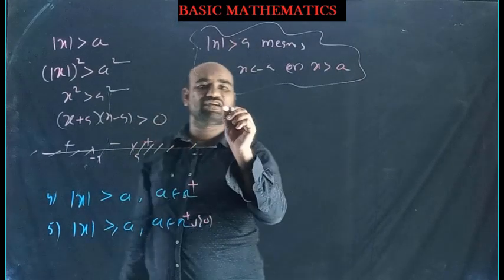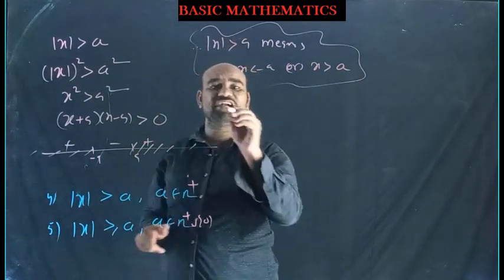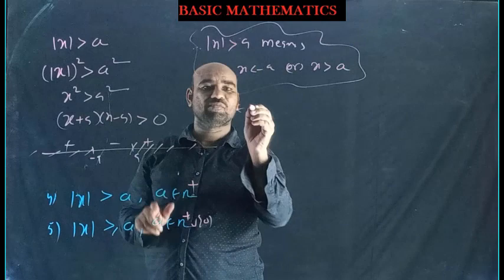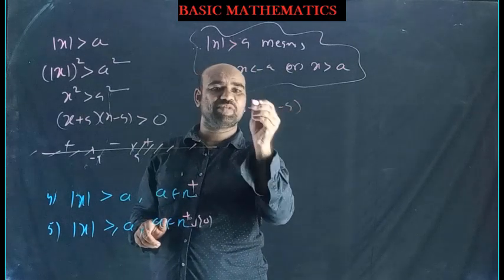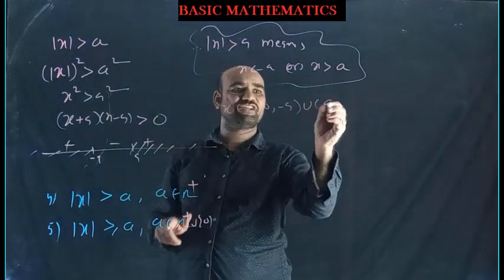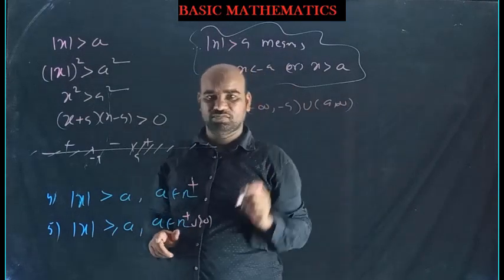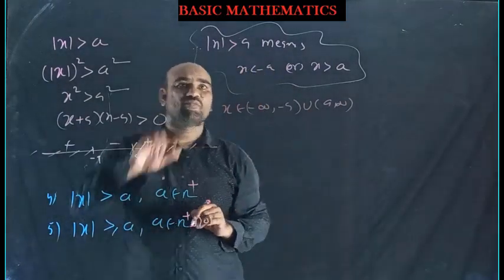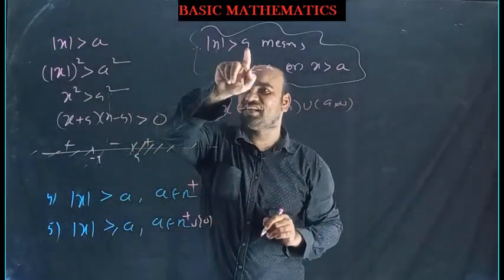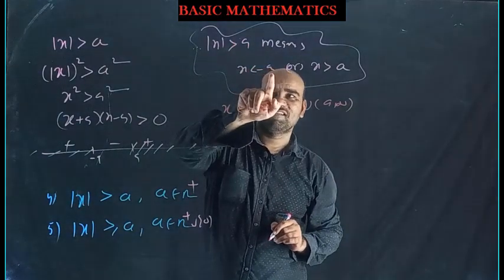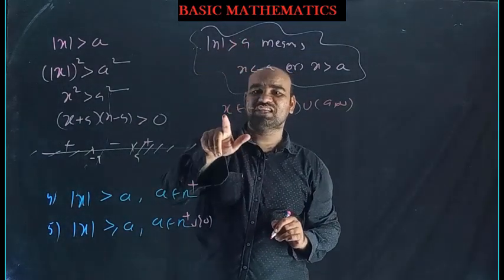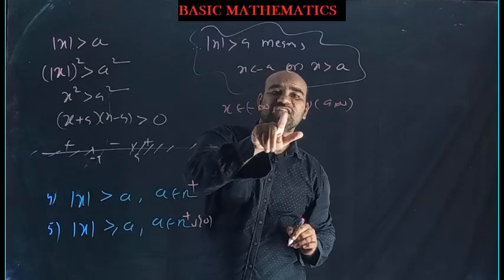Sometimes, by using the number line, you can say that x belongs to minus infinity to minus a open union a to infinity. Both are the same. Mod x greater than a means directly you can say x greater than a or x less than minus a, or x lies between minus infinity to minus a union a to infinity.